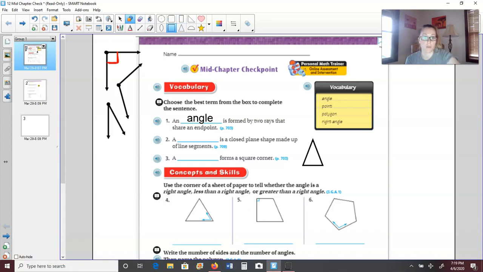It could also be a square, has all straight sides, is closed, and is a plane figure. Then we have those 5-sided shapes that we learned about, pentagons. Then here's a 6-sided shape, a hexagon.